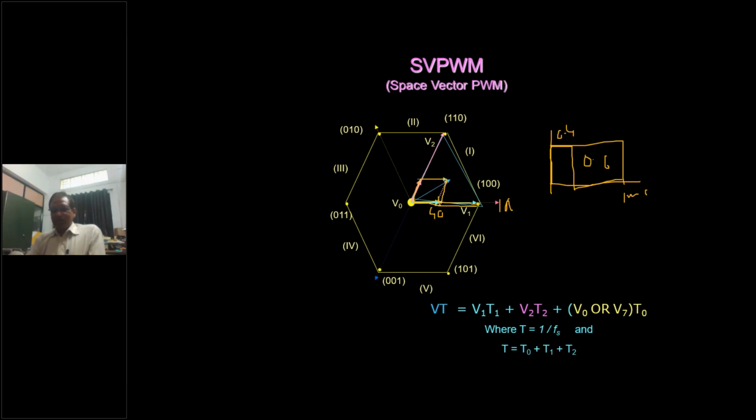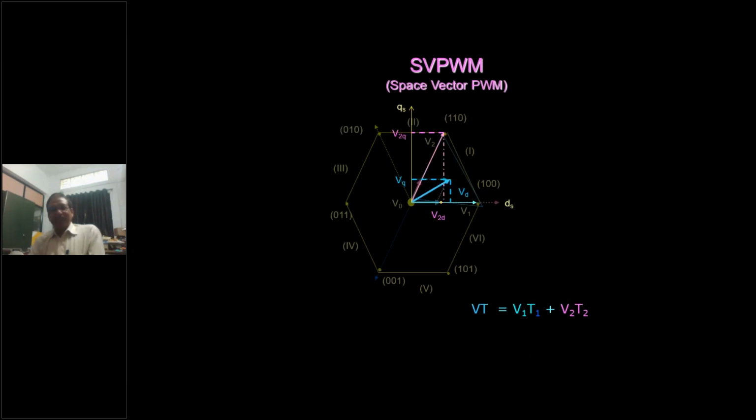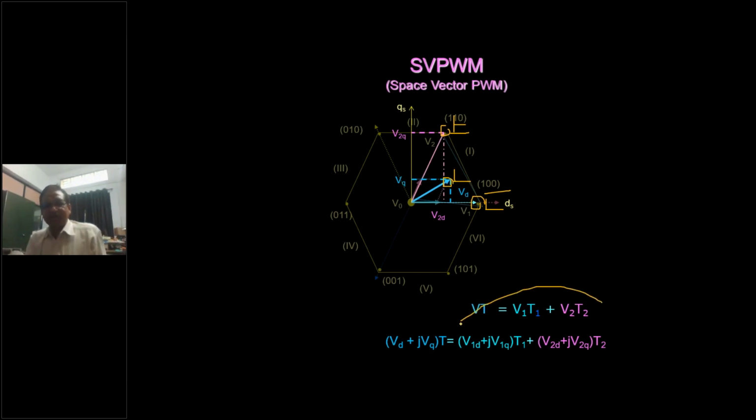So for that I need to do the calculations. I have to take the coordinates of this point. This is a switching state. I have to see its coordinates. So this vector has a d coordinate and q coordinate, this vector has a d coordinate and q coordinate, and my desired, required vector has a d coordinate and q coordinate. I equate this.